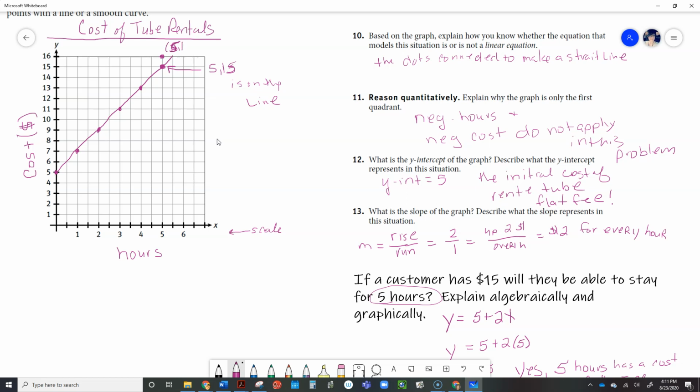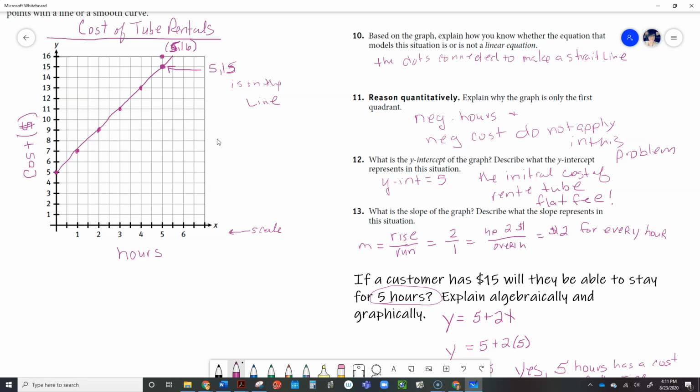I don't know where the 2 came from. There's the point (5, 16). If I stay 5 hours and I have $16, can I stay for 5 hours? The answer is yes. It's not on the line, but it's above the line. So we actually have more money than we need. On the line, you have exactly enough money. Above the line, you have more money than you need.